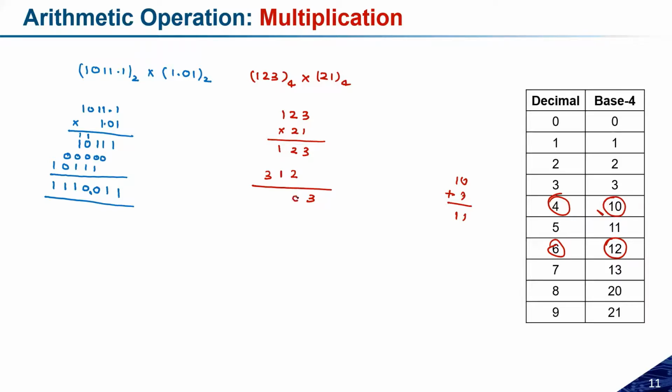So I write 0, and 1 is forwarded. So 1 plus 1 plus 1 becomes 3, and then 3. This is what we have to do here, and this number is in the base 4 number system.